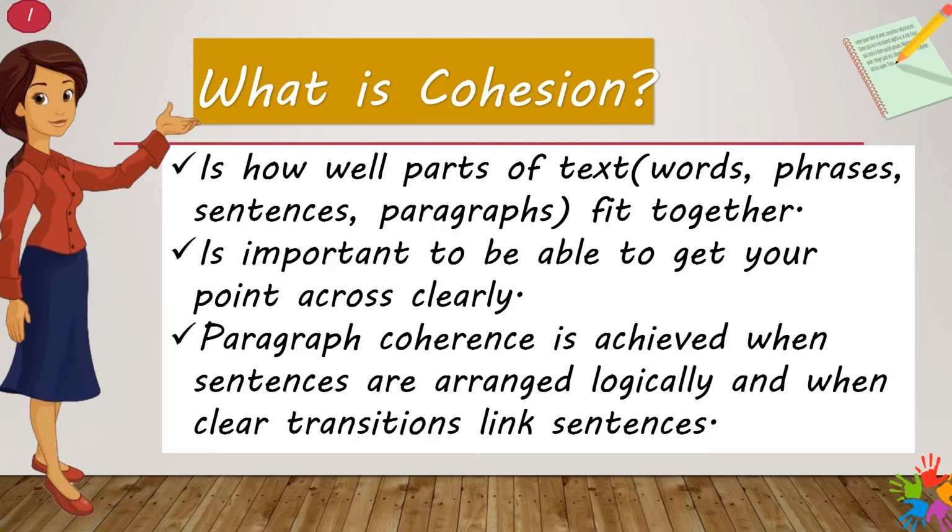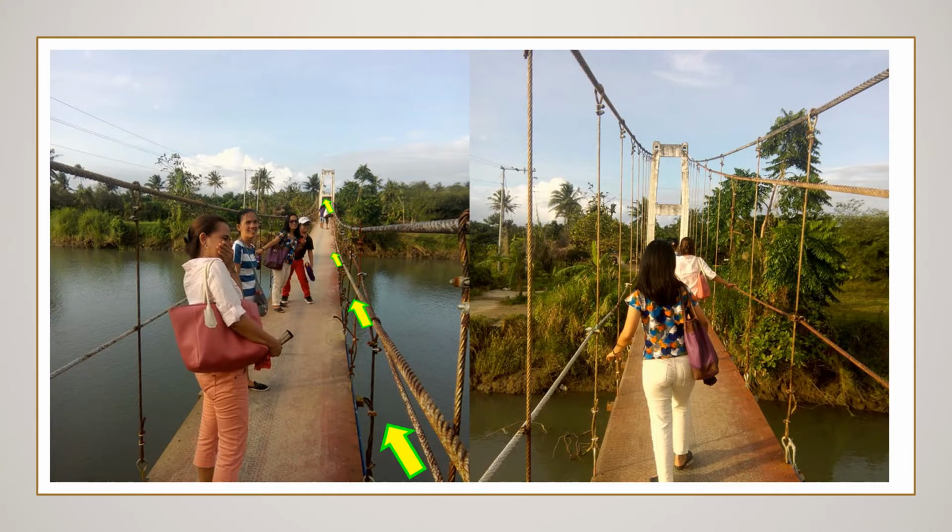Paragraph coherence is achieved when sentences are arranged logically and when clear transitions link sentences. They are like a bridge that takes the reader to the writer's intended meaning.